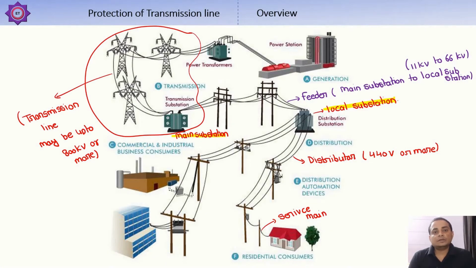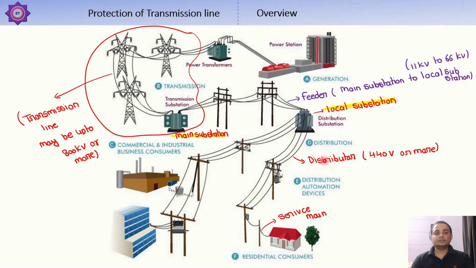In last lecture, we discussed some important terms regarding the transmission line such as feeder, distributor, service mains, transmission line. Feeder is a line between main substation to the local substation. It may be on 11 kV or up to 66 kV.